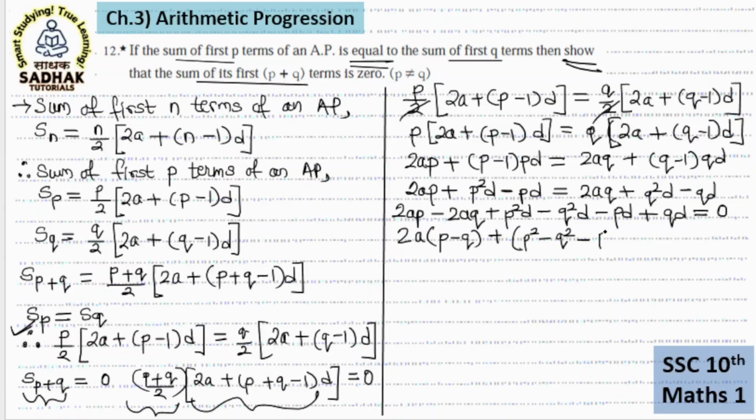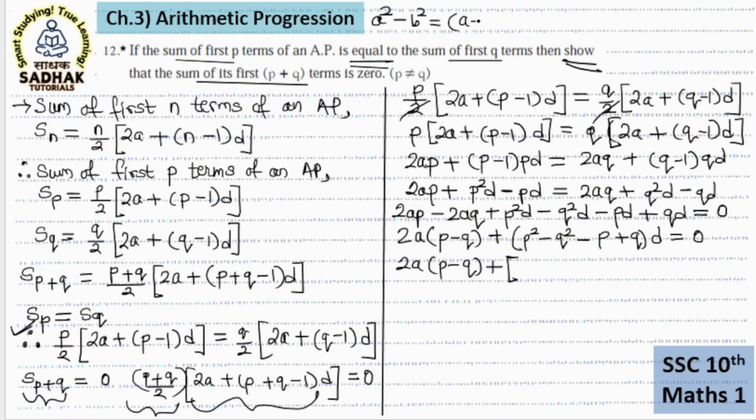Now this first term we cannot simplify further, so let it be as it is, plus now here we can see that this p square minus q square we can write using the formula a square minus b square is equal to a plus b multiplied by a minus b.